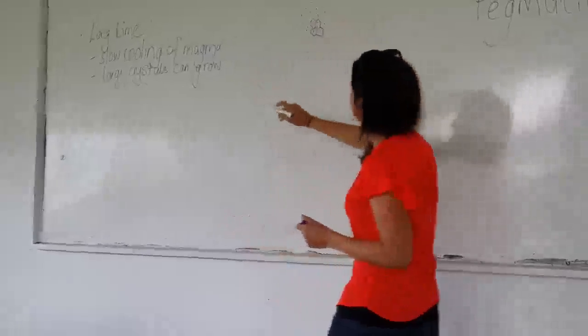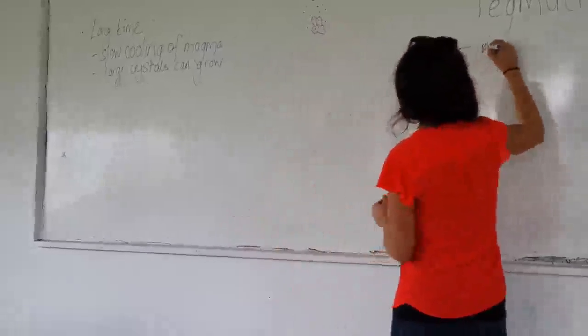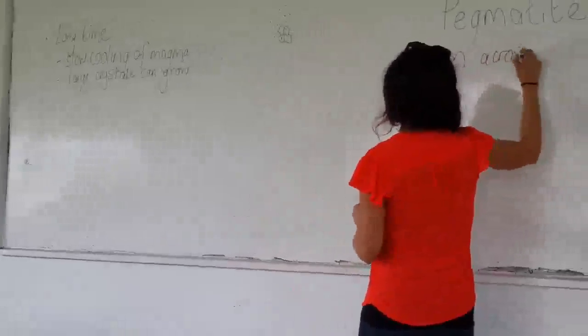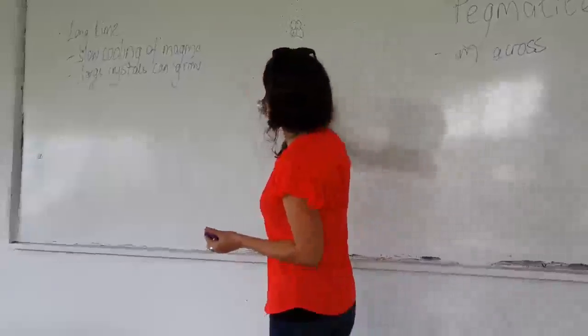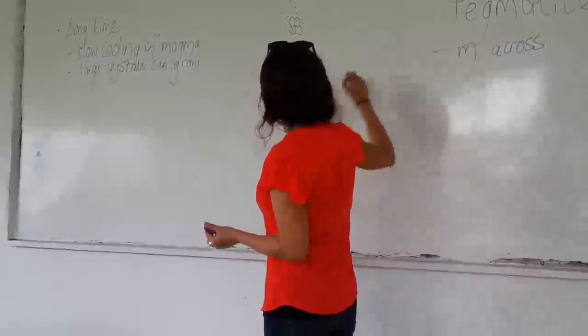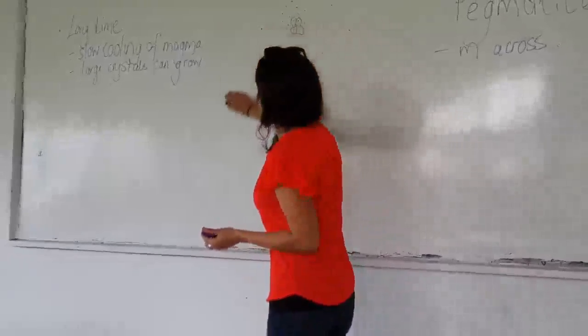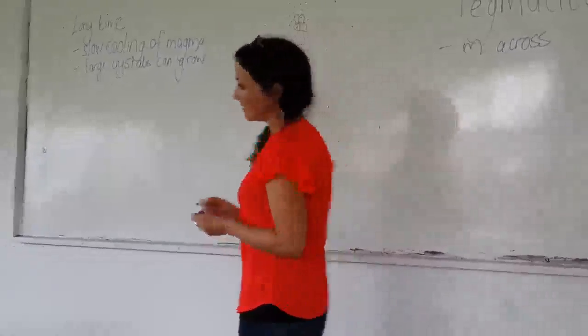So if we have crystals that are now meters across, there can't have been many. The concentration of nuclei can't have been very big. And that's how we think pegmatites form.